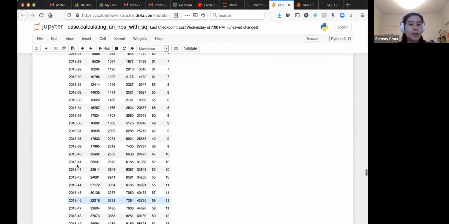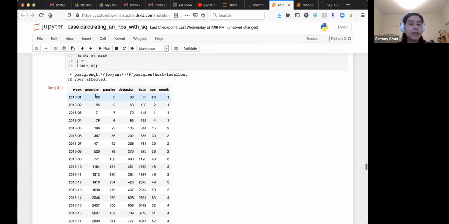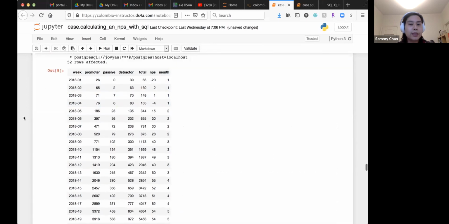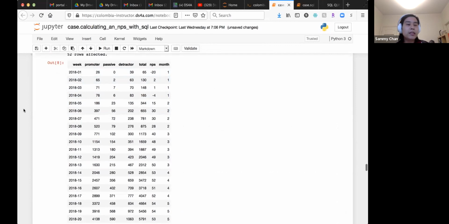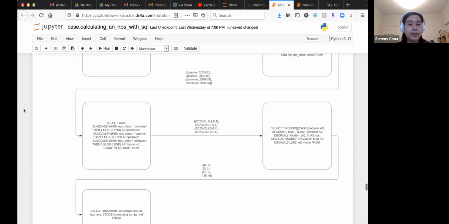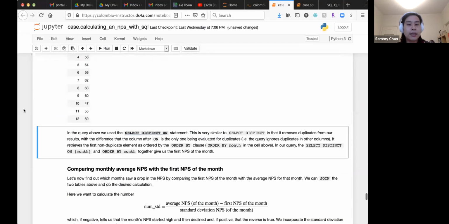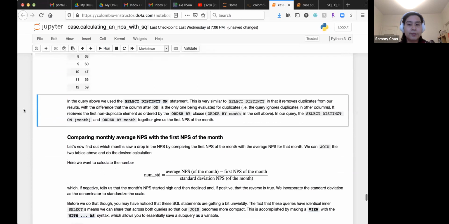So for example, what it does here is there is a possibility that the same user might have given the same rating, and that would mean that our calculation of NPS double counted some of the entries, and now here we're only using the distinct entries to get rid of duplicates.